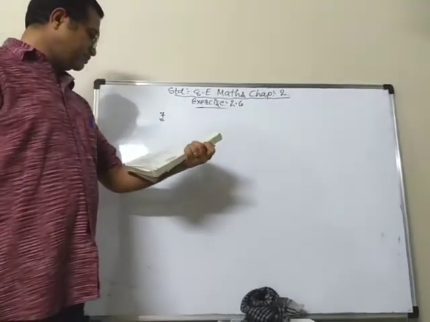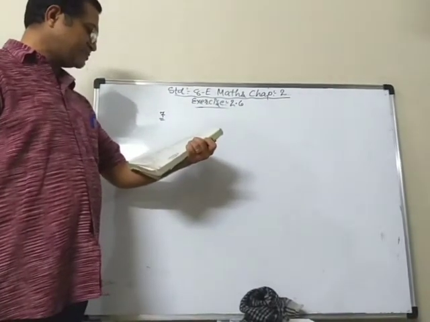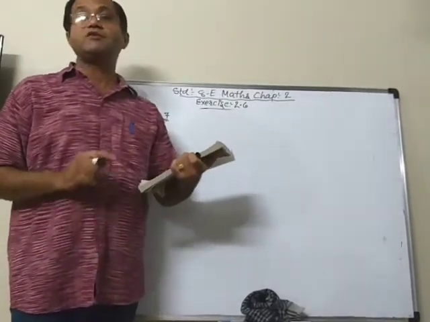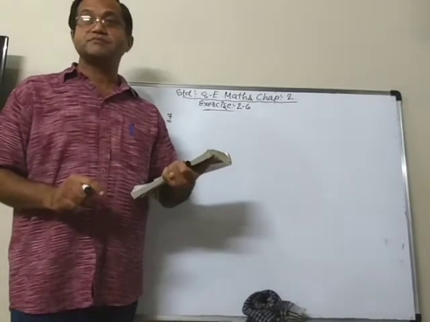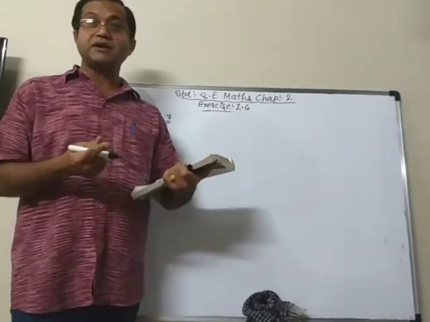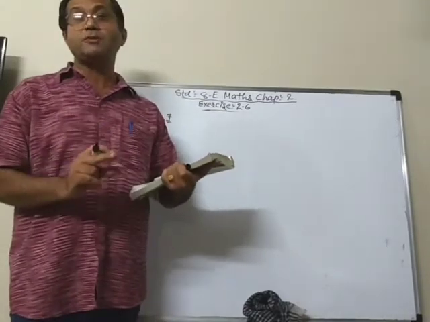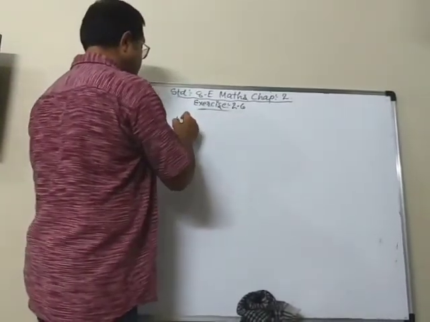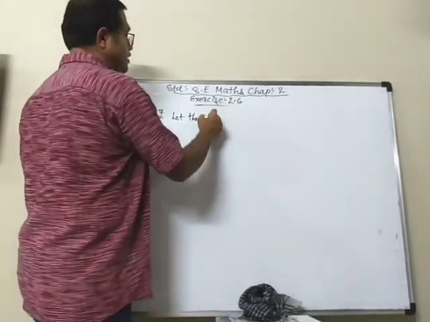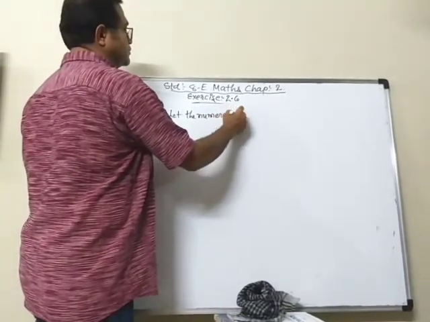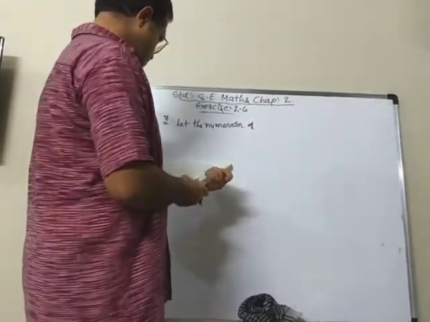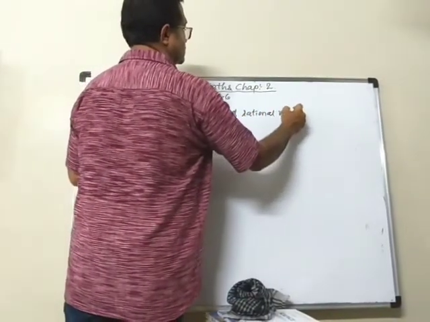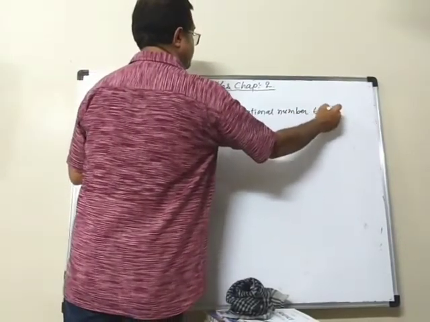Here it is given that the denominator of a rational number is greater than its numerator by 8. So we will take numerator as x and then denominator is greater by 8 means denominator will be x plus 8. So let the numerator of rational number be x.